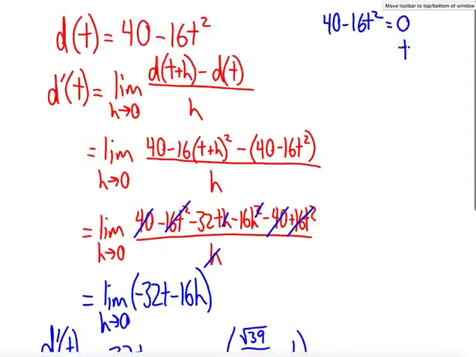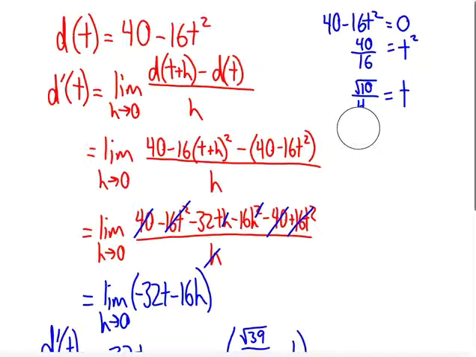So that would be t squared equals 40 over 16, which would be root 10 over 2.